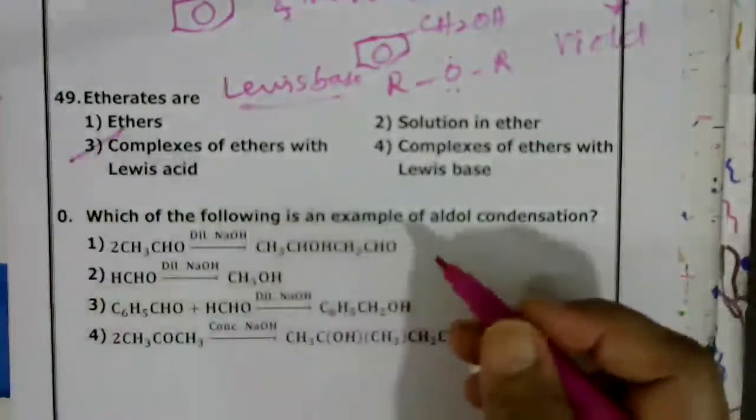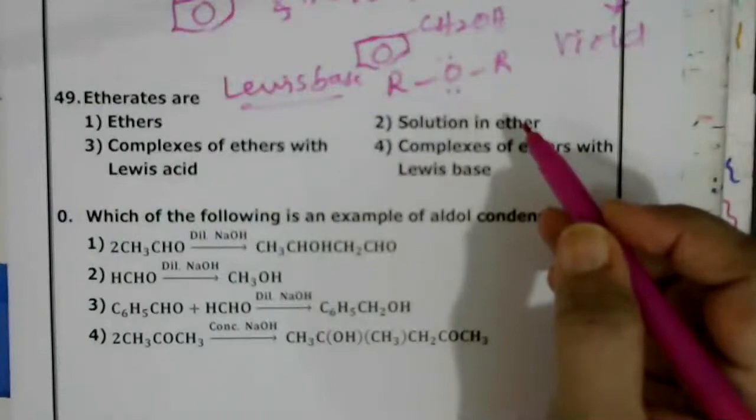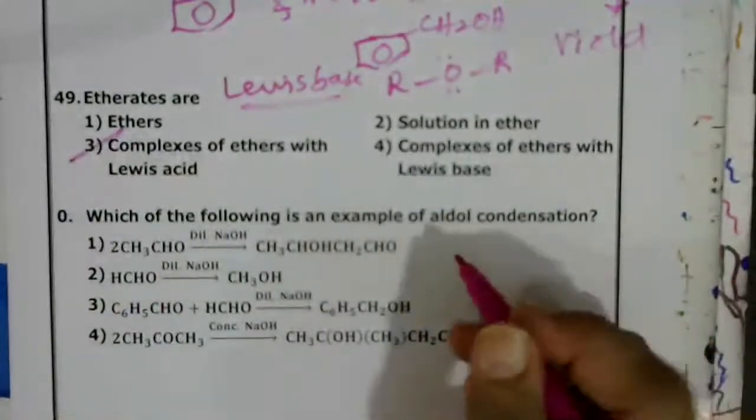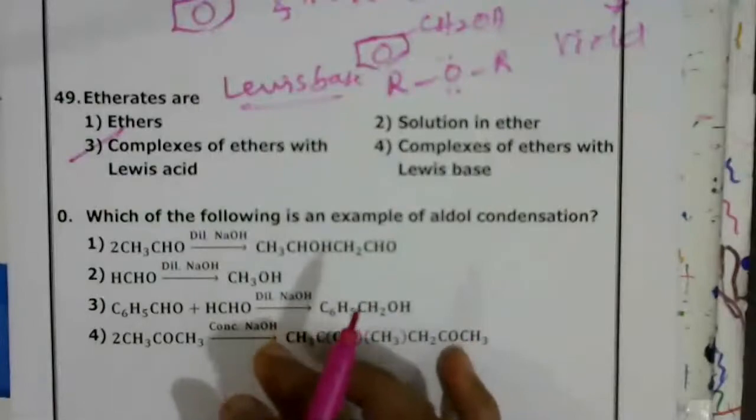Third option. Whenever we write with respect to ether, R-O-R with BF3, correct? This is the Lewis base and this is the Lewis acid.